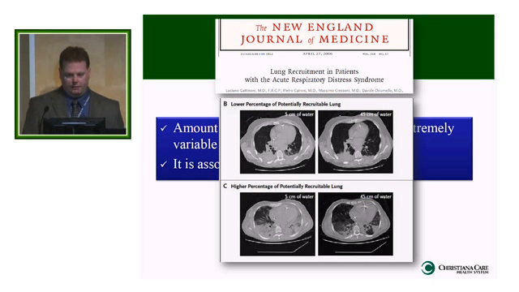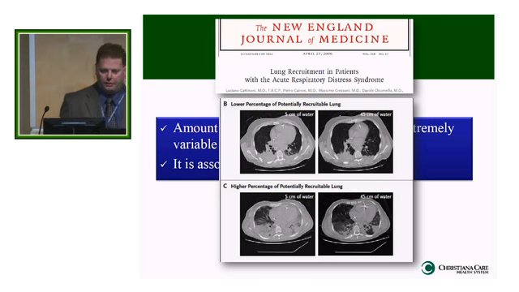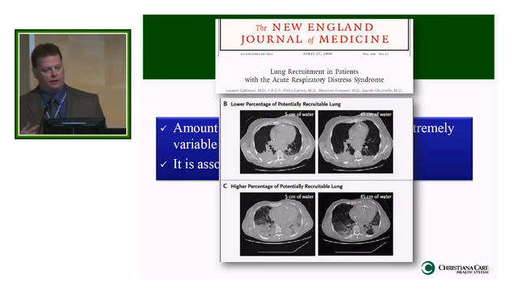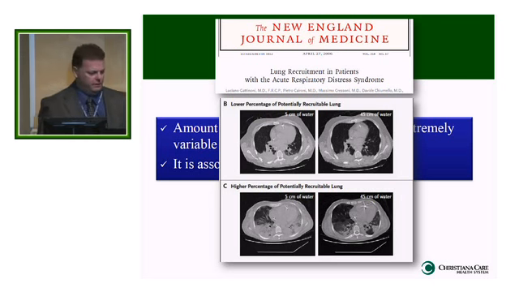Then you have a patient with lots of consolidation who's highly recruitable, and you see the dramatic difference in that CAT scan slice of how much lung can be recruited. So when you're talking about ARDS patients, it's variable whether you're going to have a lot of recruitment potential or not. So you kind of have to test that if you're into wanting to recruit these patients' lungs.